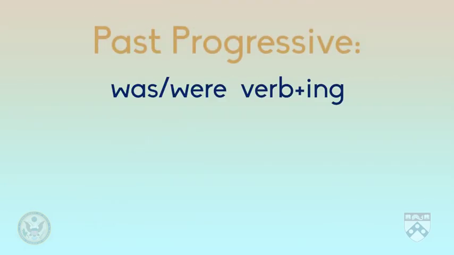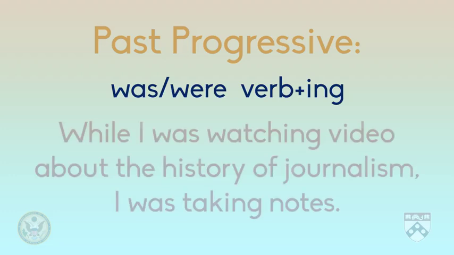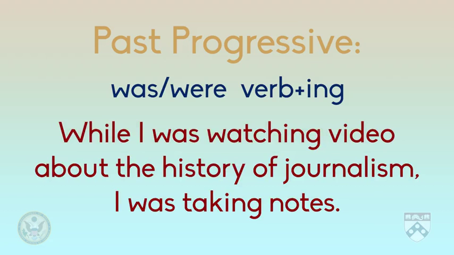Now let's move on to talk about the structure of the past progressive. Similar to the present progressive, the past progressive is formed with either was or were and the -ing form of the verb. For example, while I was watching the video about the history of journalism, I was taking notes.